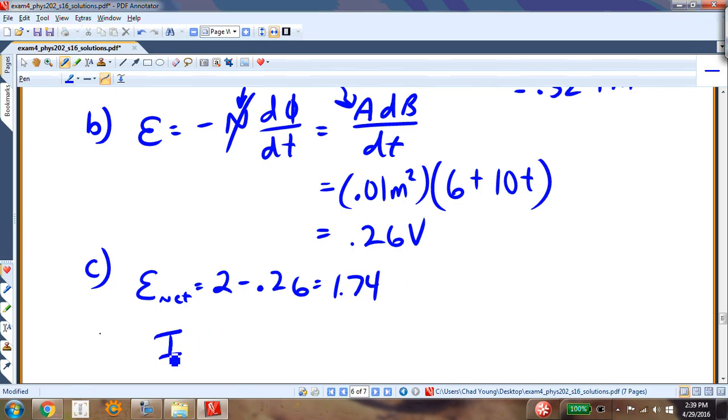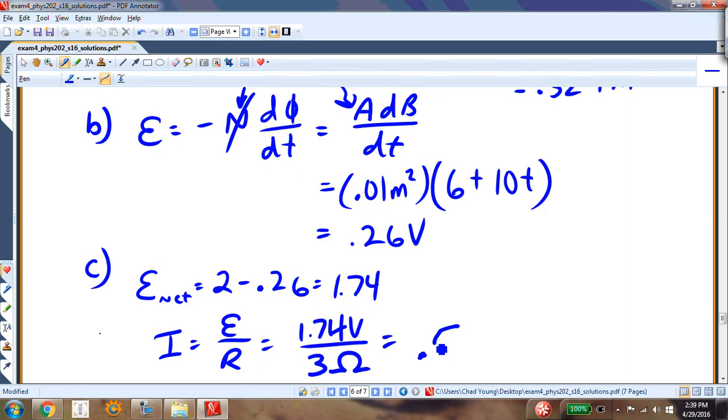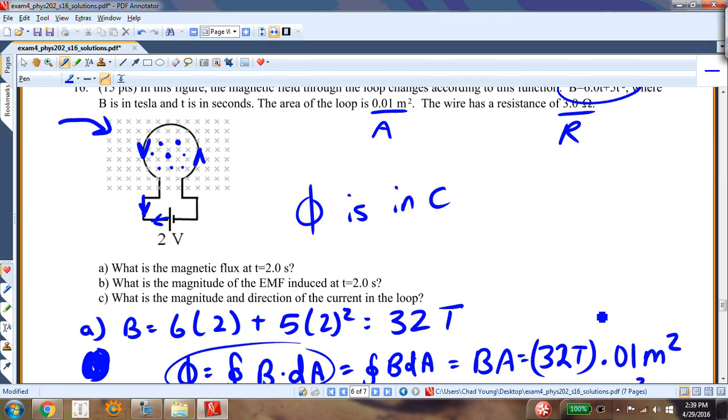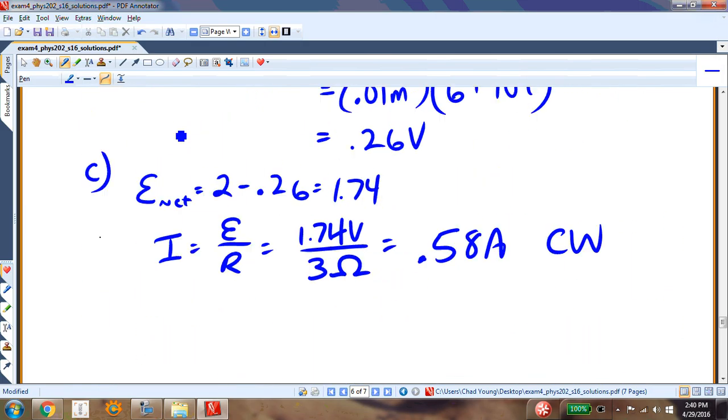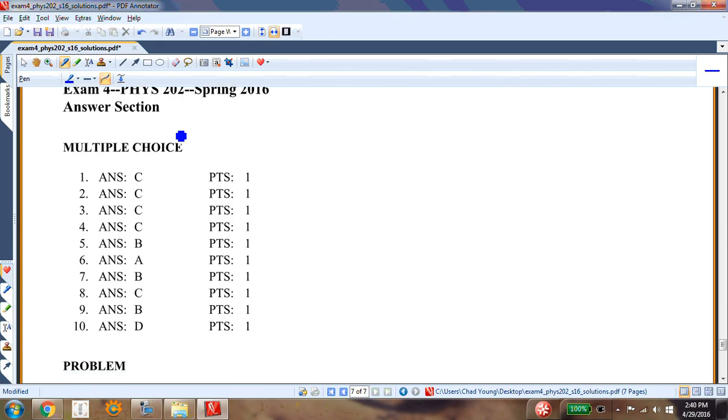That means my current, which is E over R, is going to be 1.74 volts divided by 3 ohms, or 0.58 amps, and it's going to be in the clockwise direction because up here my 2 volts is bigger than my 0.26 volts, and so my net current is going to travel in this direction, but at a value less than what we would see with the 2-volt battery. And that is the end. There's our multiple choice answers.